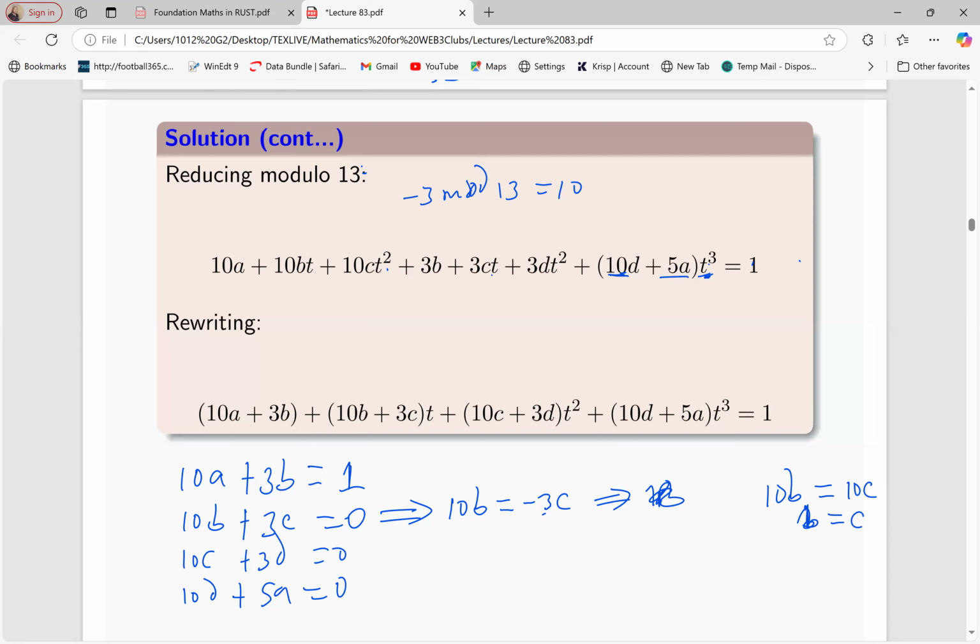What about this one? The same thing. 10c is equal to negative 3b, which means that 10c is 10b.